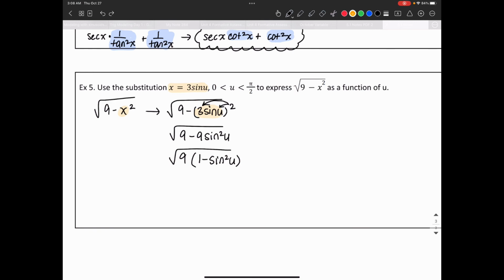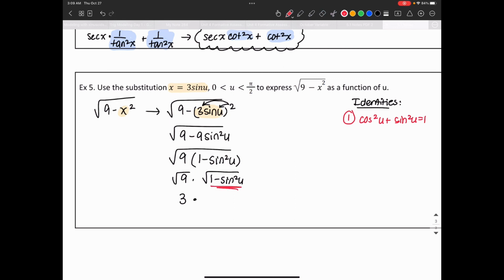So I can rewrite this as the square root of 9 times the square root of 1 minus sine squared u. And then I know this is 3, and if I talk off to the side about the identities, I see 1 and sine squared of u together, so I could probably use cosine squared of u plus sine squared of u is equal to 1 to rewrite this.